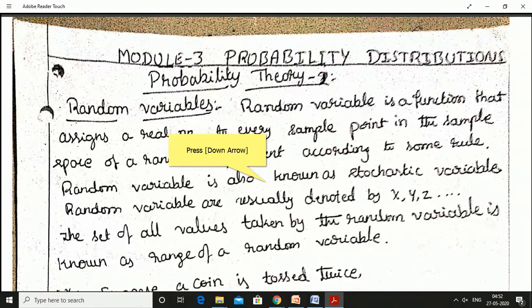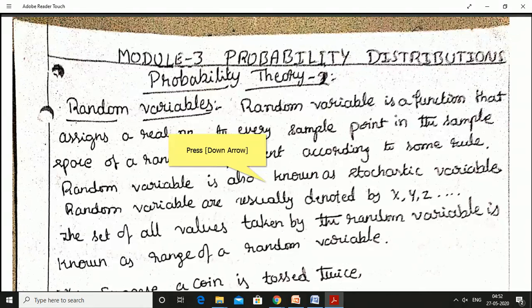In probability theory, we know what a random experiment is. When we conduct the experiment under similar conditions repeatedly, its outcome is not known. We know the possible results in advance, but when we conduct the experiment, its outcome is not sure.